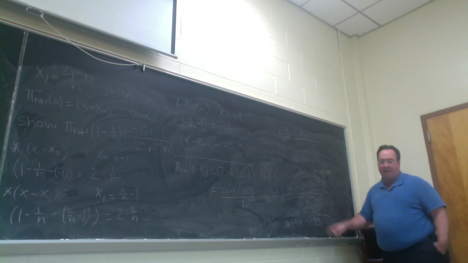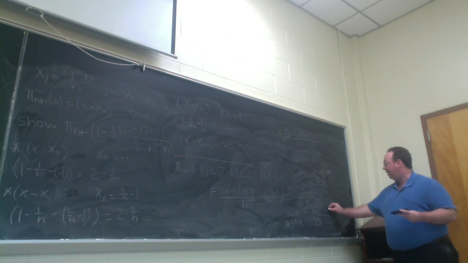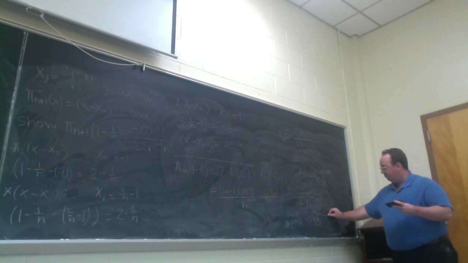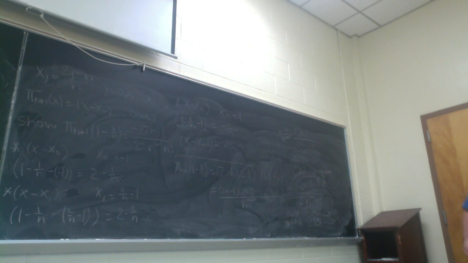So for n equals 10, okay, then instead of getting this quantity, we get 0.000977. So significantly smaller for Chebyshev versus equally spaced.